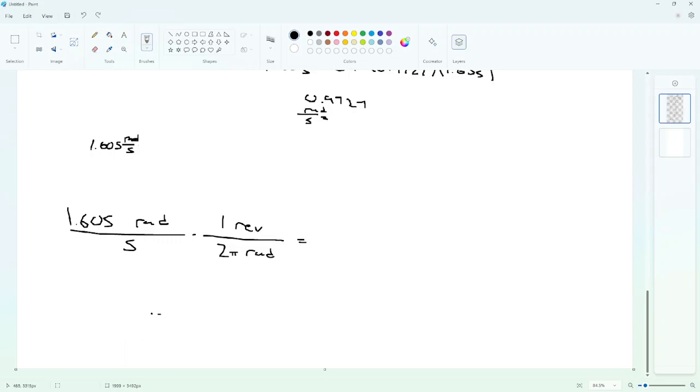A radian is a strange unit where between here and here is equal to pi. That's going to be pi radians. So a complete revolution is going to be equal to 2 pi radians. So our final answer is going to be 0.2554 revolutions per second.